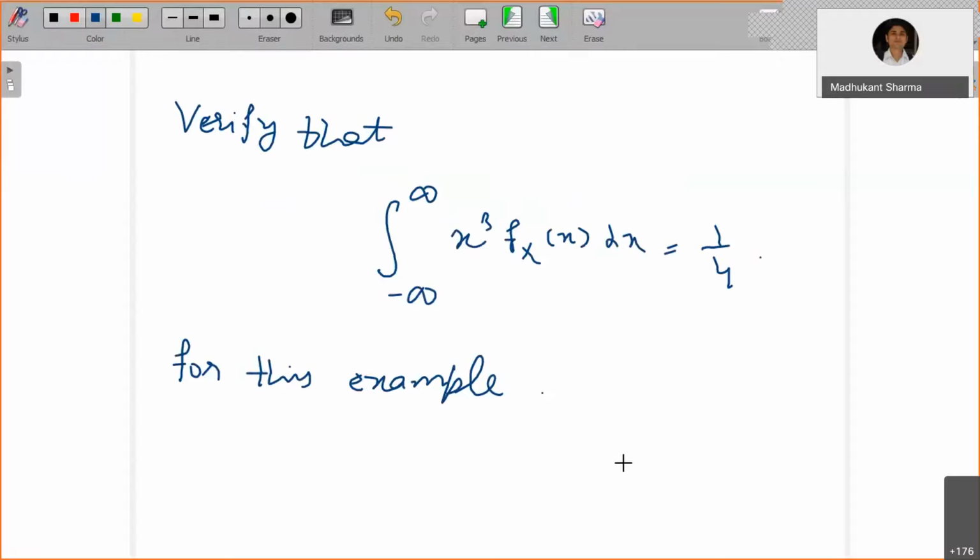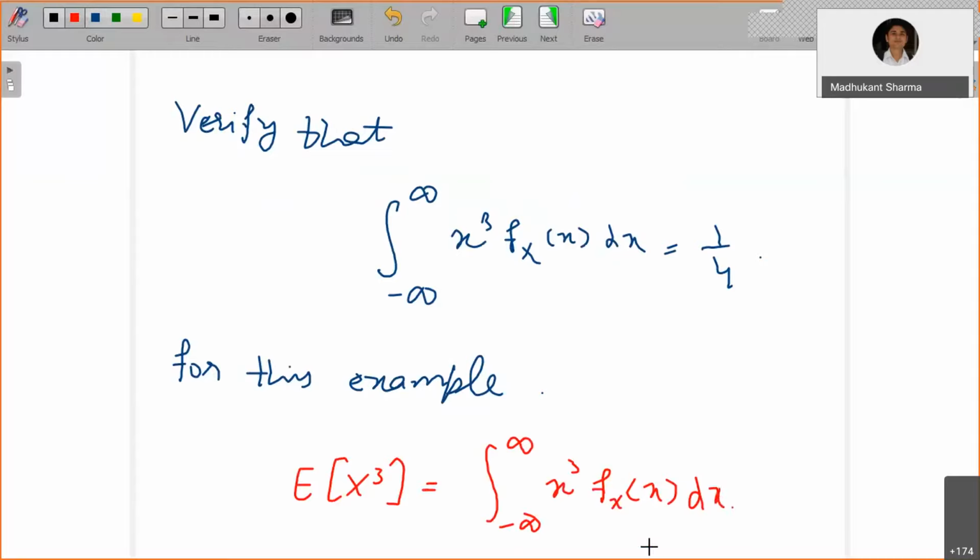So why I want you to look at this case: the expectation of x cube can also be written as the integral from minus infinity to infinity of x cube times f_X of x dx. If you are still not convinced, you can also check with Y equals x square.